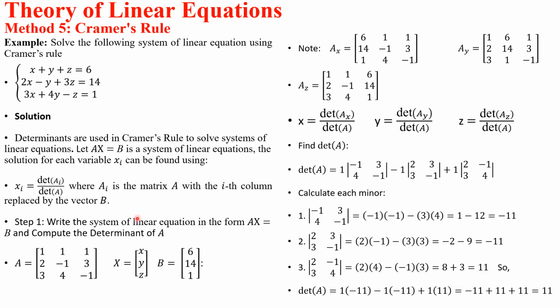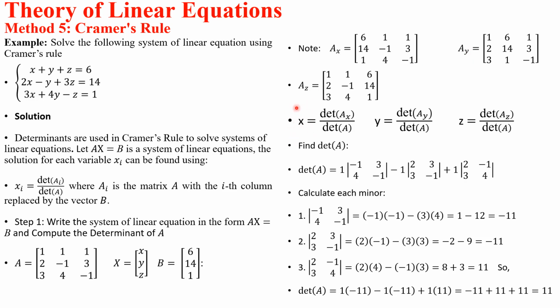The other columns are the same, but the elements that represent the coefficients of Z have been replaced by the constant values 6, 14, and 1. So this is your AX, this is your AY, and this is your AZ.